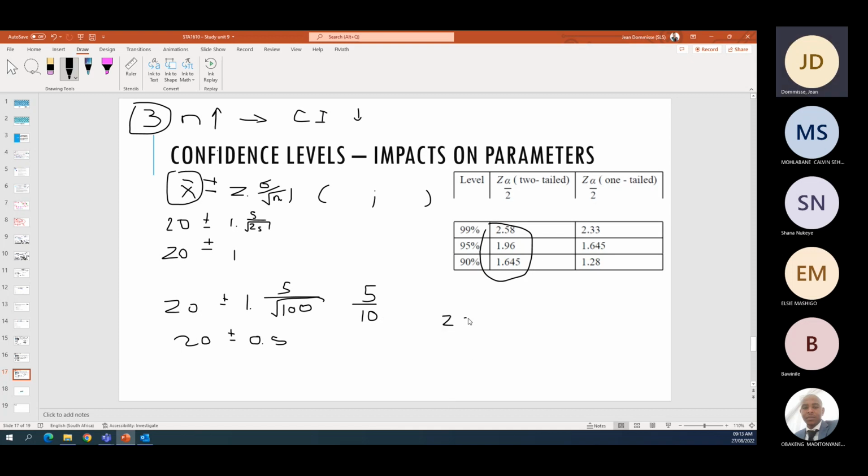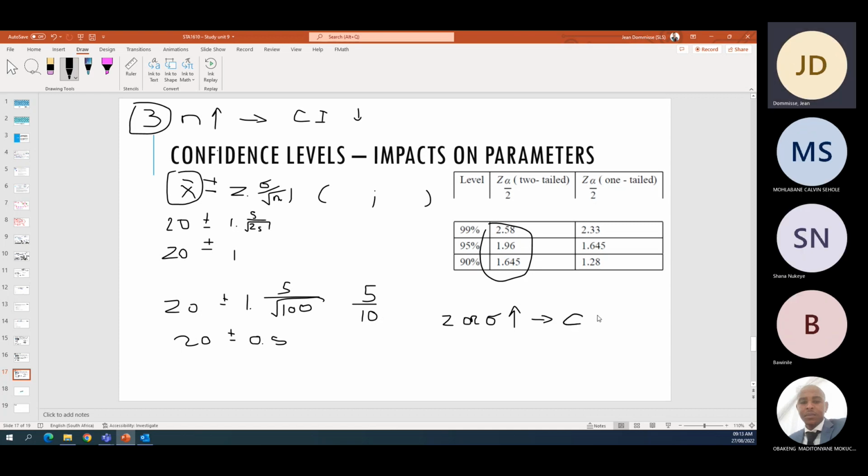If z or your standard deviation increases, your confidence interval increases. Where your n increases, your confidence interval decreases. And then the opposite is also true.